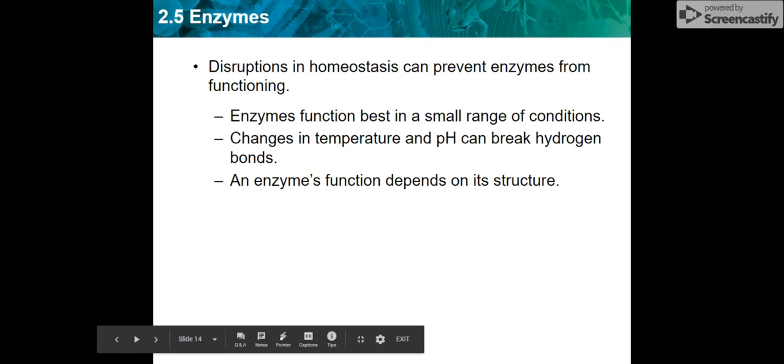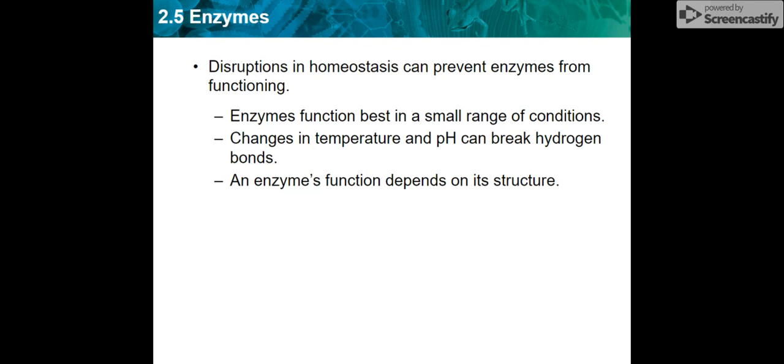Okay, so enzymes being made of proteins are pretty sensitive molecules, and they only keep their three-dimensional shape in very specific conditions. Okay, so cells really need to make sure that they keep their temperature stable and that they keep the pH stable, that it doesn't get too acidic or too basic, or else proteins lose their shape.